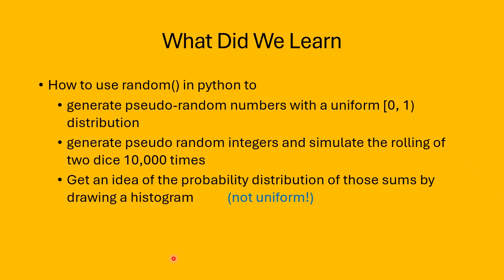It was given by a frequency histogram in our case, but you can see the probability of rolling a 2, in other words, a 1 and a 1 on the two dice, was pretty small. Then the probabilities went up until we got to a sum equal to 7. And then after that, the probabilities decreased again until we got a small probability that the sum of the dice was 12.